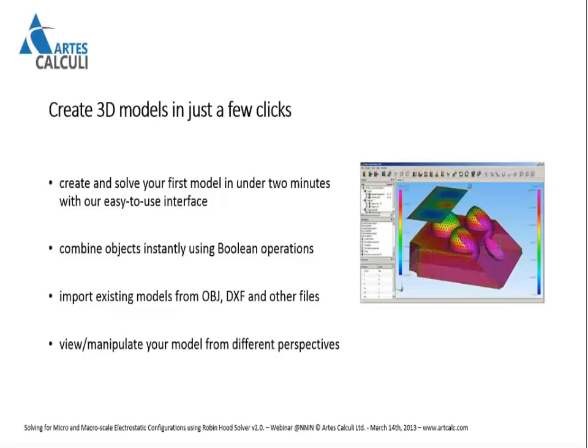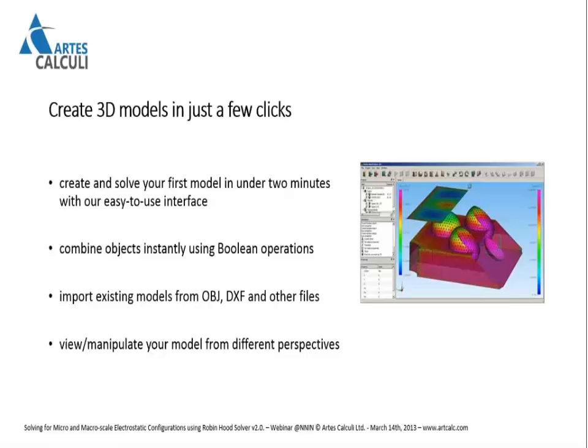You start working in Robin Hood Solver by creating your 3D model of an electrostatic configuration. And it is possible, thanks to our advanced graphical user interface, to create the first model in just several minutes. You can create basic objects such as a sphere, box, or cylinder just by clicking on a button on the toolbar.